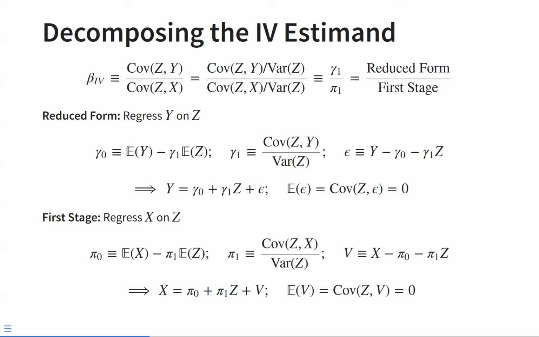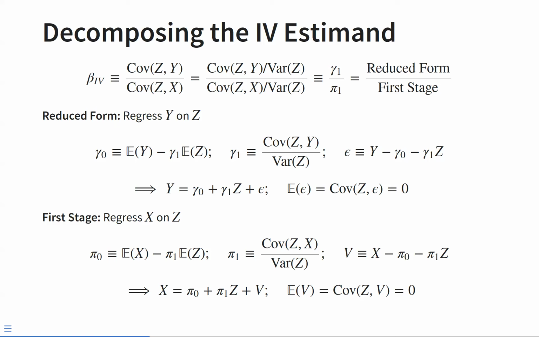I can do the same exact thing for the first stage. My notation is now different. I will call that first stage error term v. And again, v is something that I define. So there's not some kind of assumption about v or epsilon. These are just properties that follow from the way that I have defined pi naught, pi 1, and v.